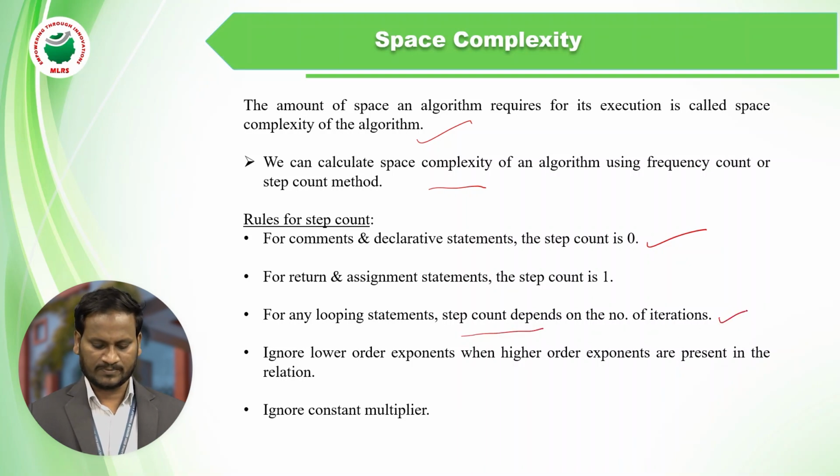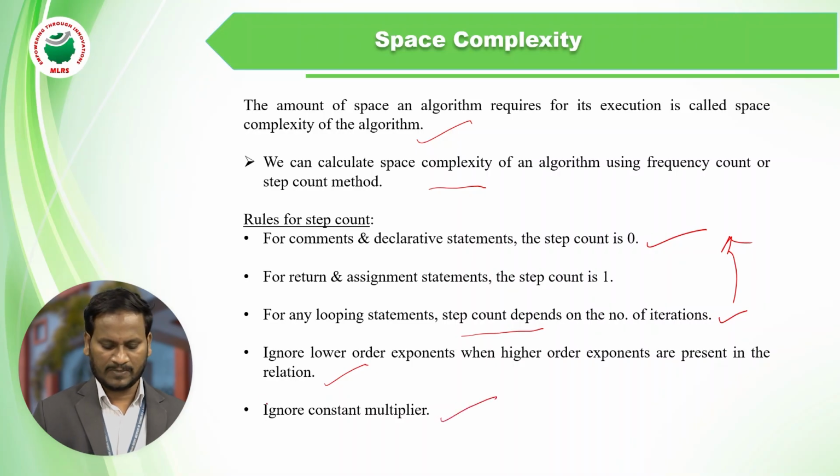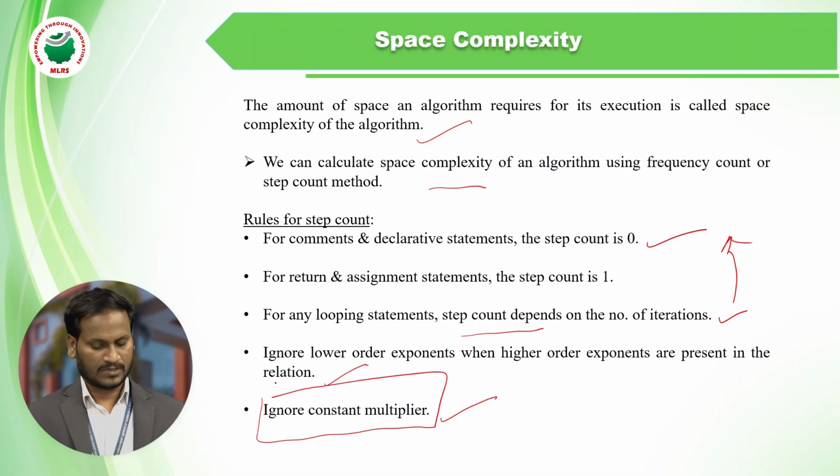Third is ignoring lower order exponents when higher order exponents are present in the relation. Fourth, we have to ignore the constant multipliers.